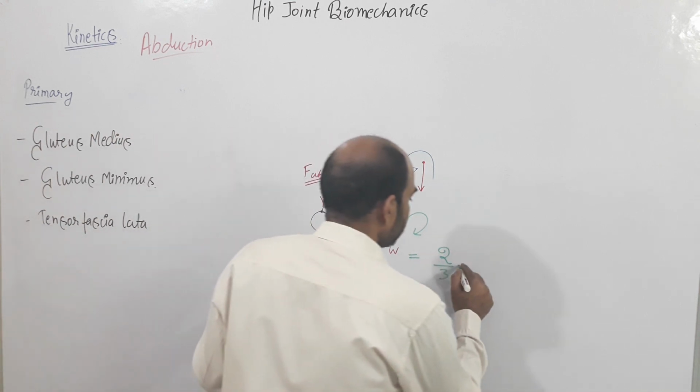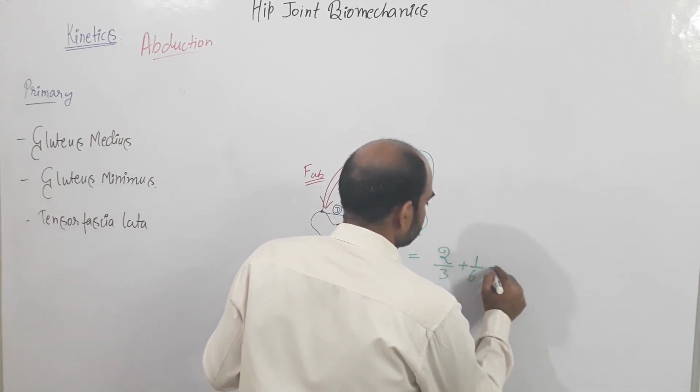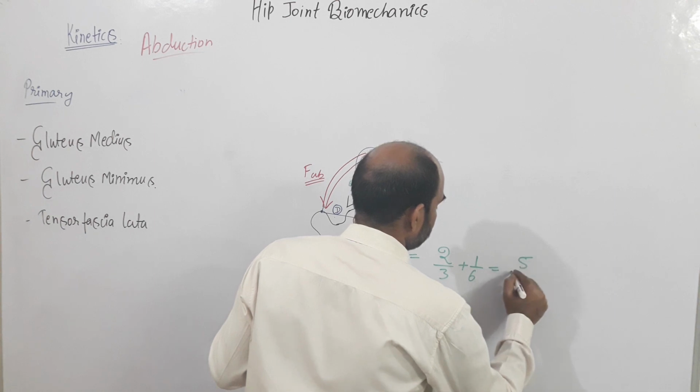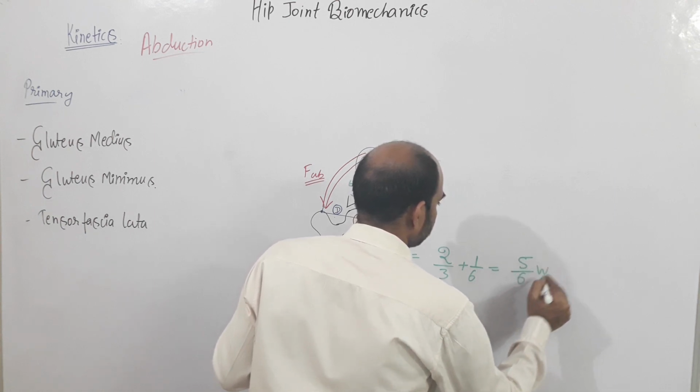So 2/3 plus 1/6 is 5/6 times the body weight.